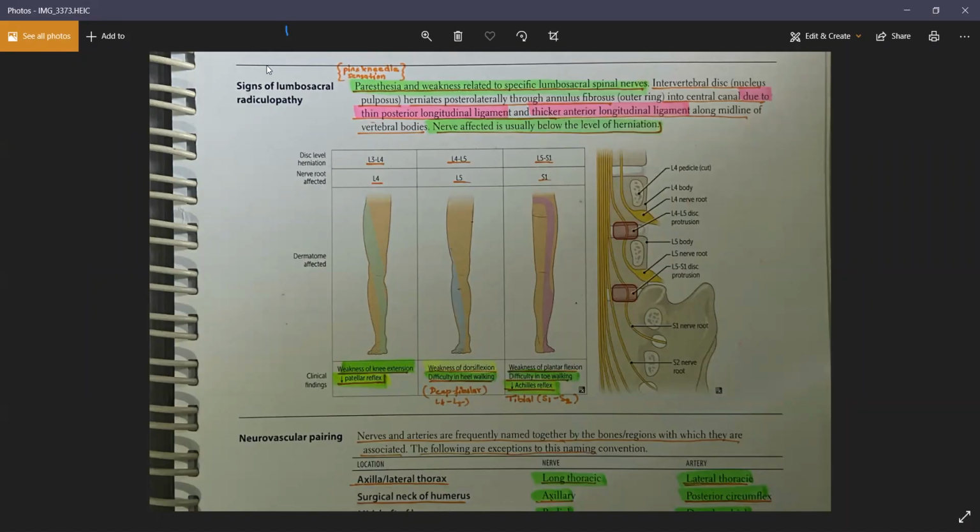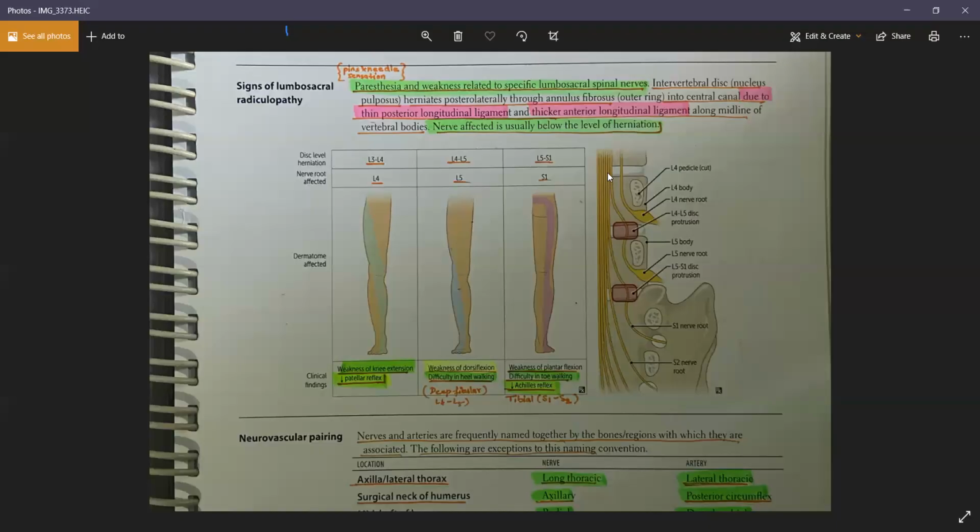So the intervertebral disc herniation generally happens posterolaterally through the annulus fibrosus, which is the outer ring of the disc. It happens due to a thinning in the posterior longitudinal ligament, which is present in your spine, and the thick anterior longitudinal ligament.